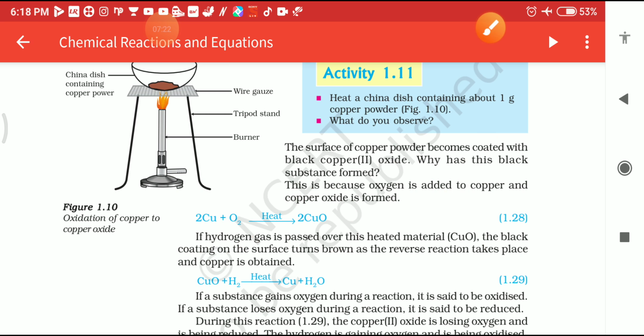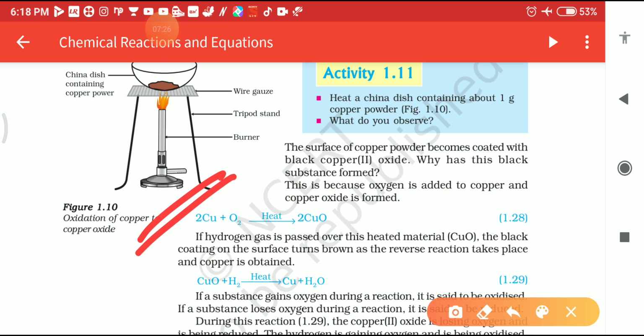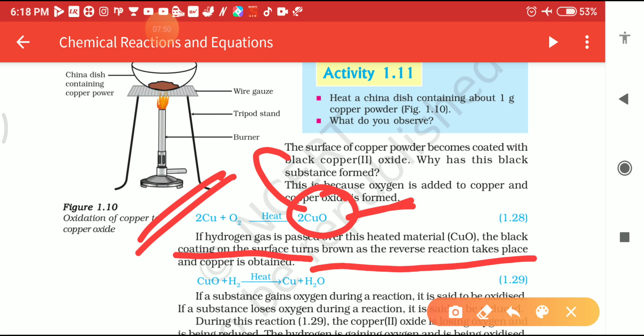Now when copper comes in contact with oxygen, it gives rise to copper(II) oxide, which is black in color. Now if hydrogen gas is passed over this heated copper oxide, the black coating on the surface turns brown as the reverse reaction takes place and copper is obtained.